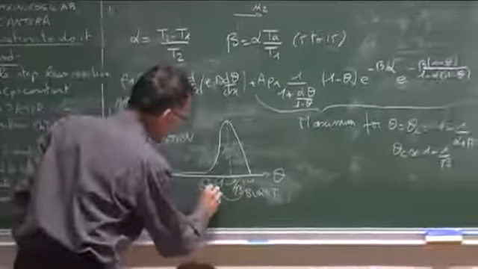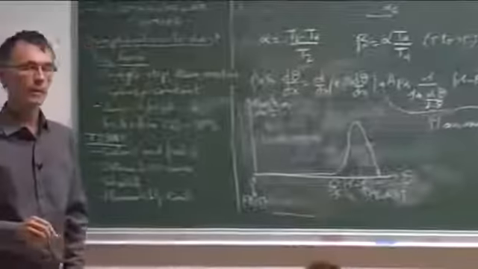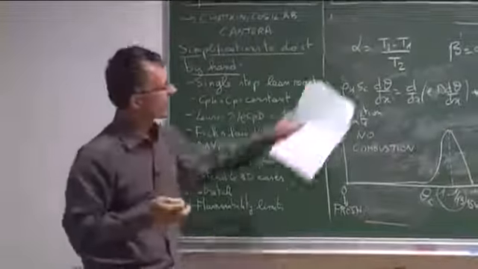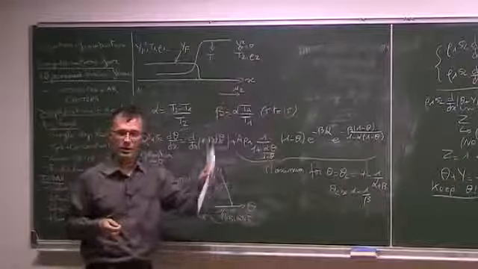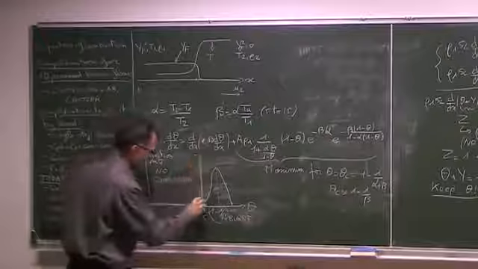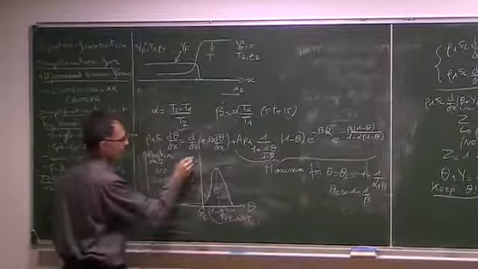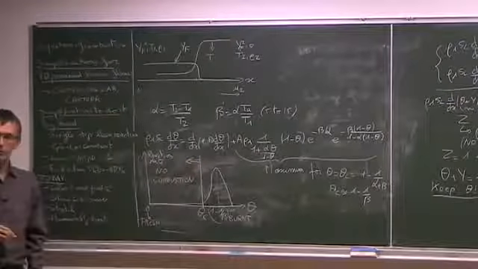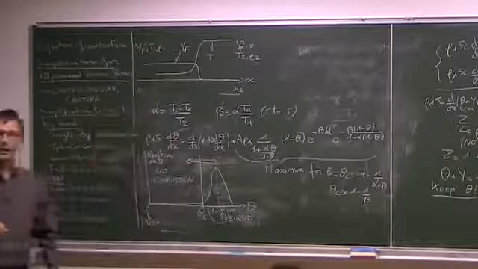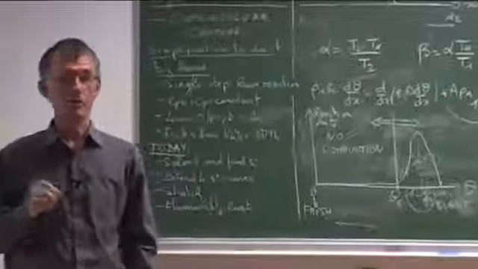This is the critical temperature. And this is the basis of what I call here the matched asymptotic expansion, is that the world of combustion can be split in two parts. A zone here where you have no combustion, and a zone here where you have combustion. And this will allow us to solve the problem.